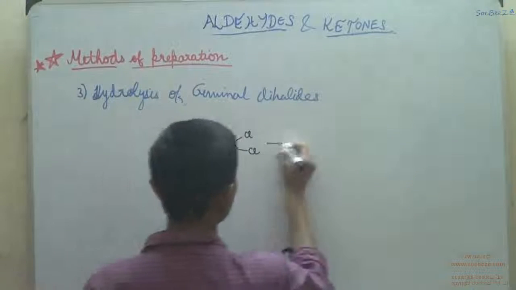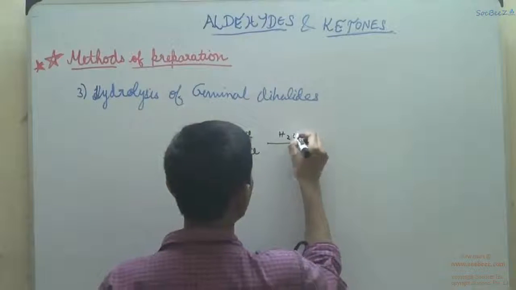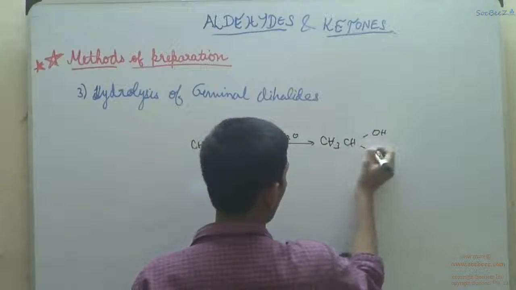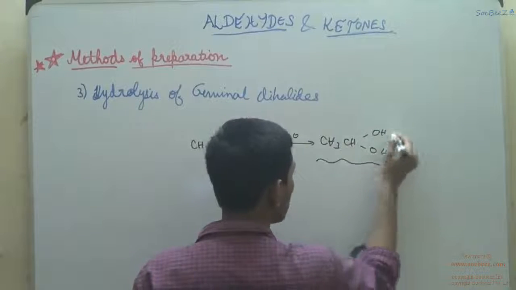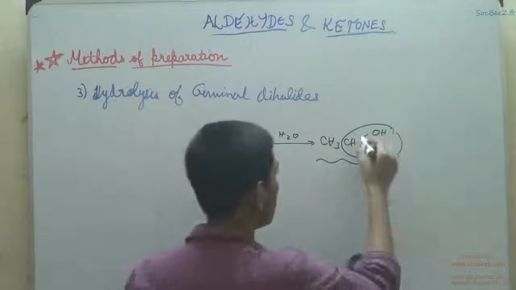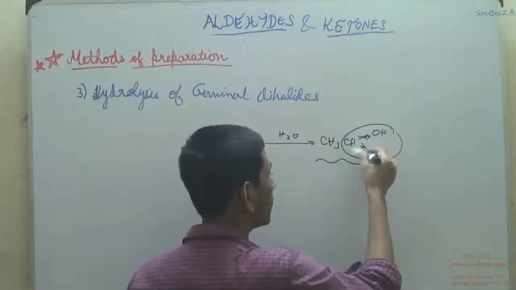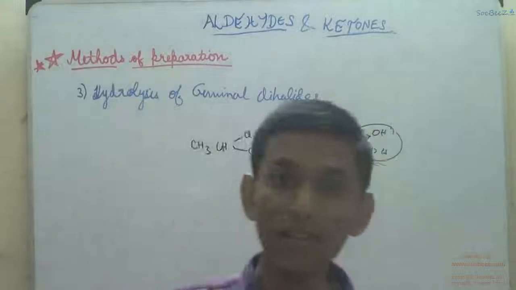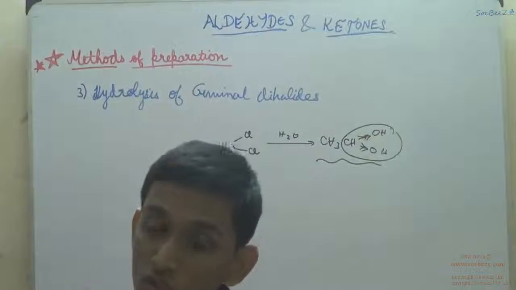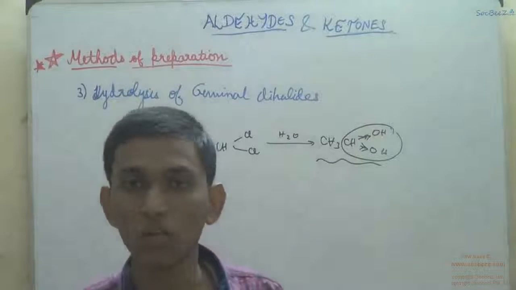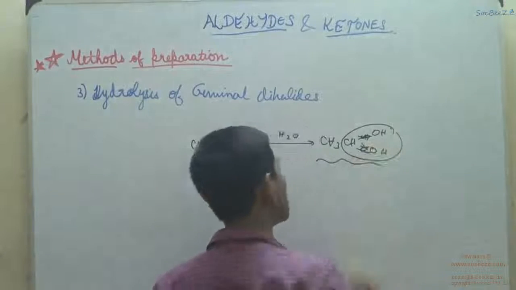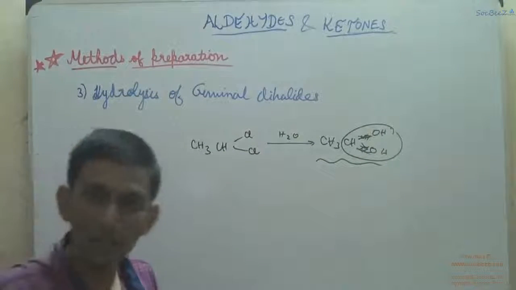So this is geminal, and when you do hydrolysis, you get CH3CH(OH)OH, this being highly unstable, two OH groups on the same carbon atom, highly unstable because of the pulling effect, which is the inductive effect, and unless this carbon atom is being provided by a very strong minus I group, this carbon atom is rich in electrons and very unstable.